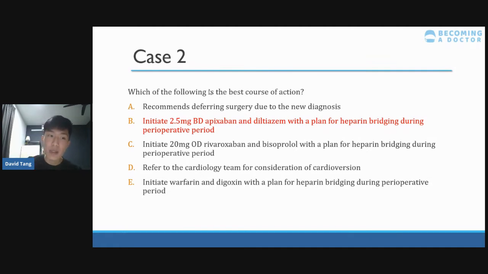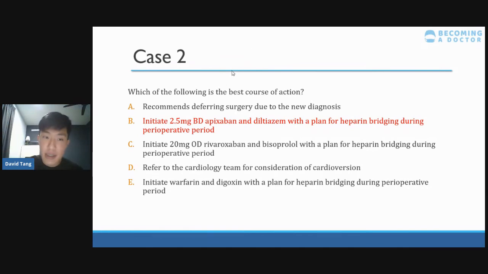In terms of option B, we have apixaban, and to those who are not familiar, it is one of the NOACs, the new non-VKA anticoagulants. If you remember your clotting cascade, we have the intrinsic and extrinsic clotting cascades, and both conjoin at a common pathway.